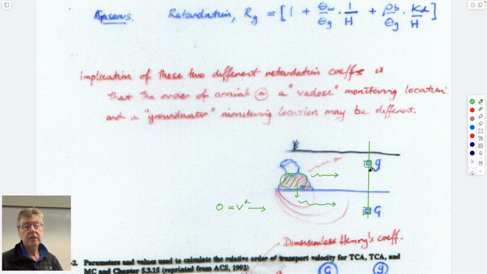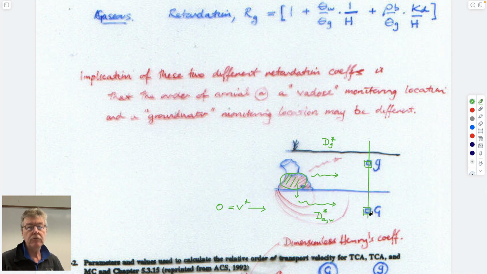You'd probably expect that the arrivals of the components in each of these locations would be in the same order, not necessarily the same time, because this would be responding to the gaseous distribution coefficient, and this would be responding to the aqueous distribution coefficient, or water, I'm not sure. We use aqueous and water. This one is 1,000 times faster than this, right? 10 to the minus 6 versus 10 to the minus 9 in water.